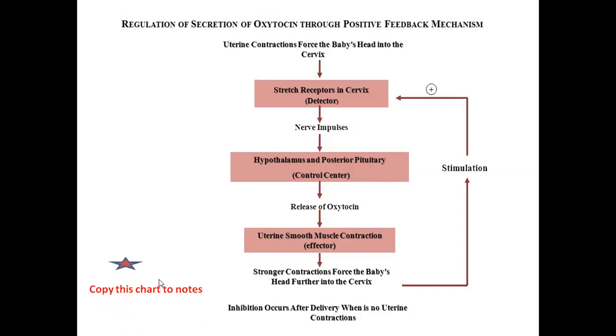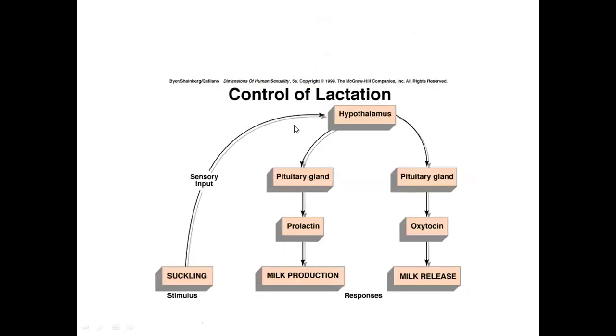Another function of oxytocin, as I told you, is the milk ejection from the mammary gland. The stimulus for this is the suckling by the baby. It is a sensory input that goes to the hypothalamus, resulting in production of prolactin, which produces the milk, and release of oxytocin by the pituitary gland, resulting in milk ejection from the mammary gland.